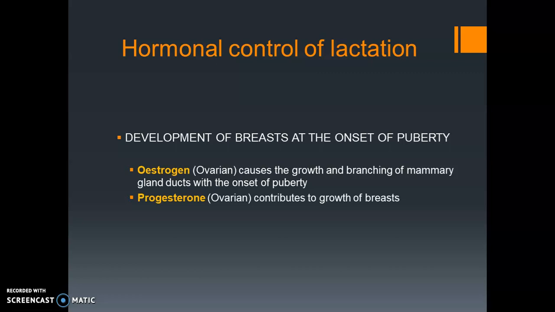Then another ovarian hormone, progesterone, which is produced by the corpus luteum in the ovary, causes the growth of the breast. So after puberty, the ovarian hormones estrogen and progesterone function together, resulting in the growth and development of the breast.